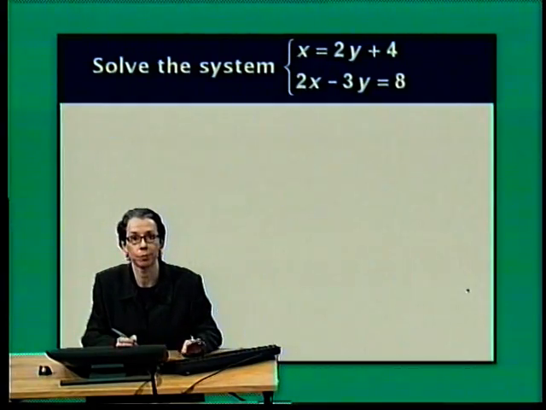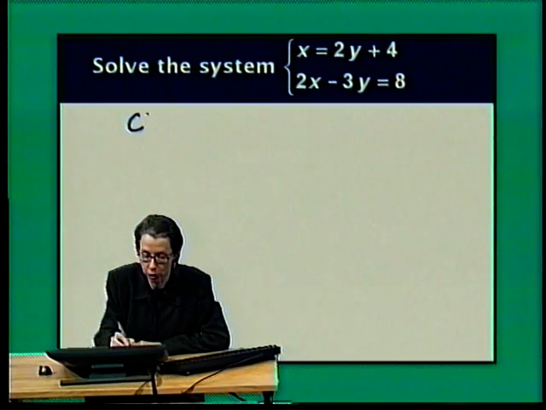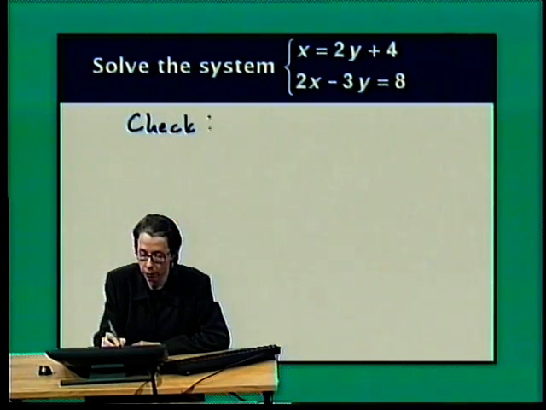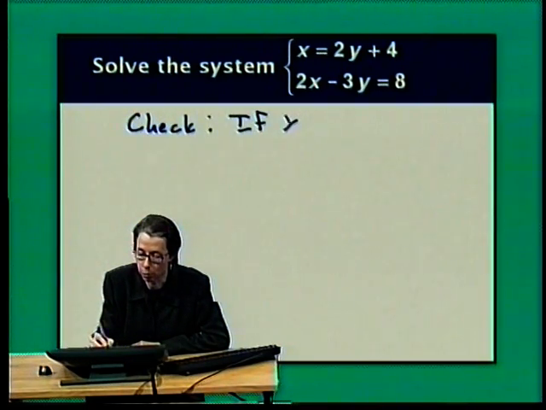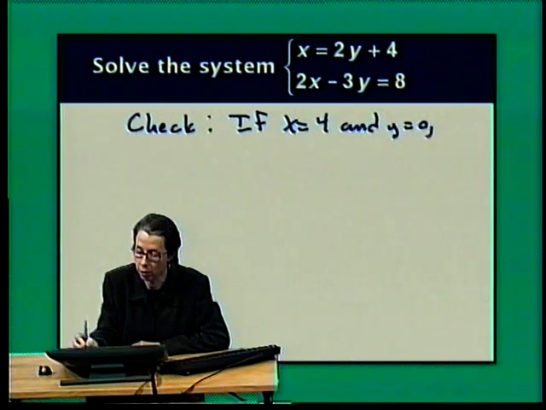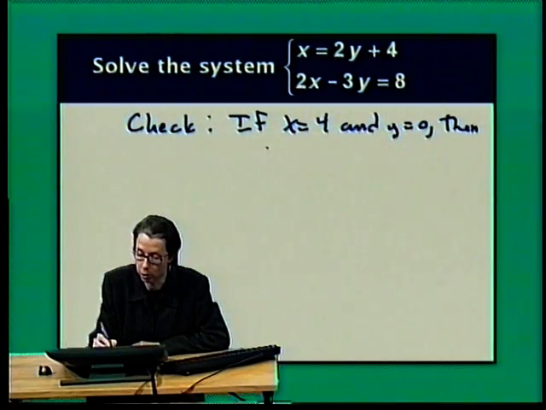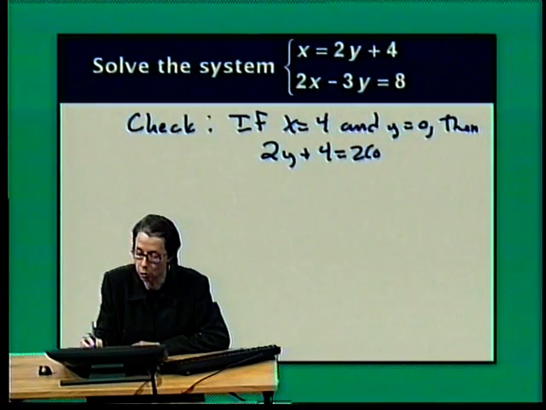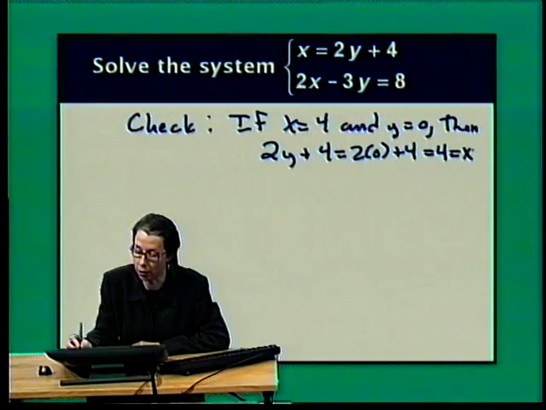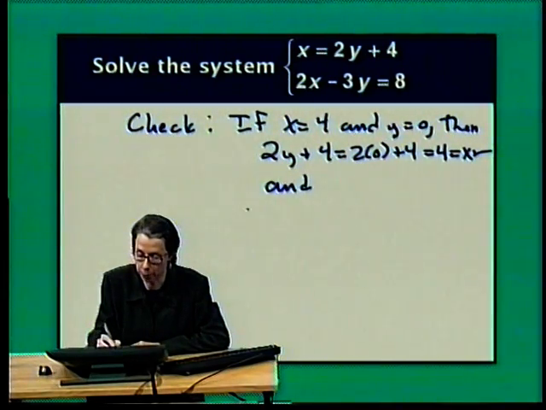Let's check it. If x equals 4 and y equals 0, then, working with the first equation, I'm going to evaluate 2y plus 4. That's 2 times 0 plus 4, which is 4, which equals x, which is what I wanted. Let's check the second equation.